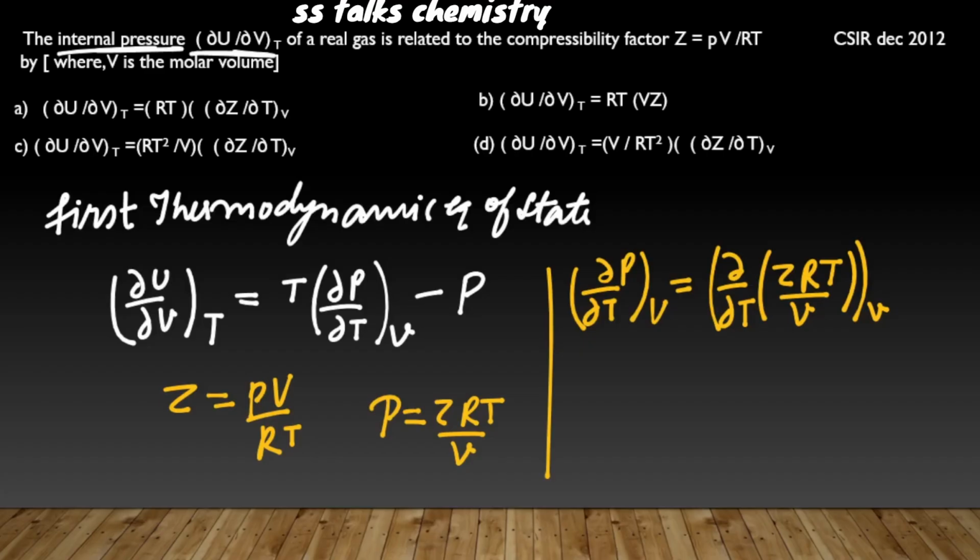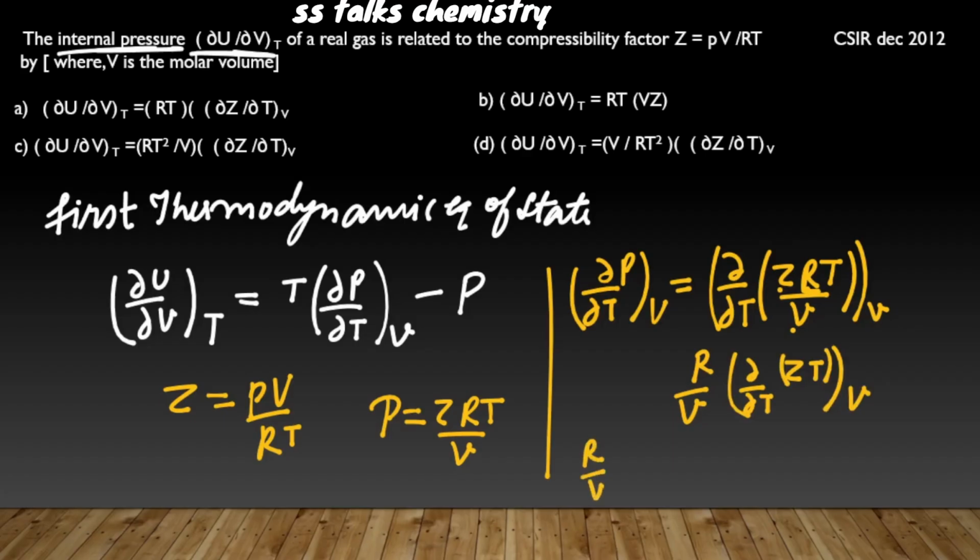This differentiation we have to do at constant volume. So now this Z that I am having could be a function of temperature, so we cannot take it outside. The constant values for the while become R and V. So these are coming outside. So we are having del by del T. Differentiation of this we have to do at constant volume. So apply the product rule over this.